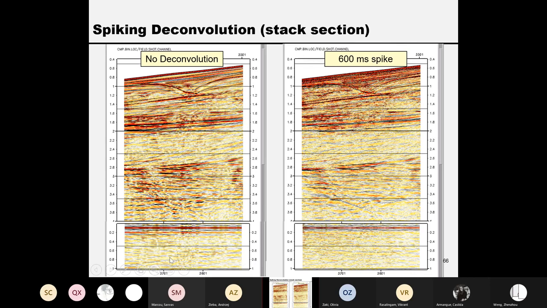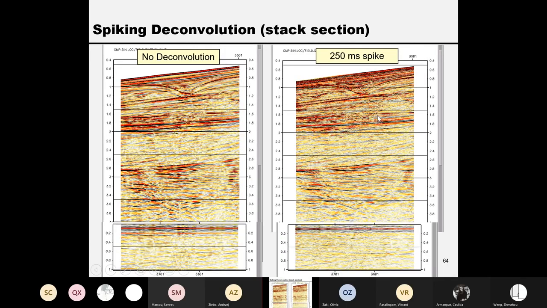You can see this dipping event here almost gone. We wiped it out. This dipping event is not a multiple. You should keep it because this is actually strictly related. So that's too long. If we go back, the ideal one in this case is this parameter.